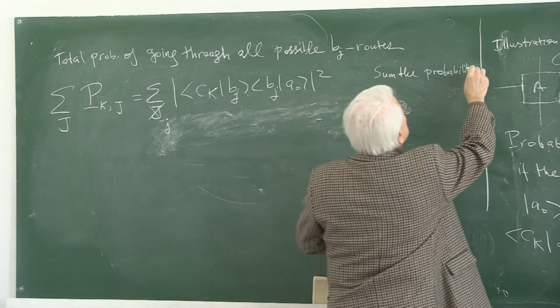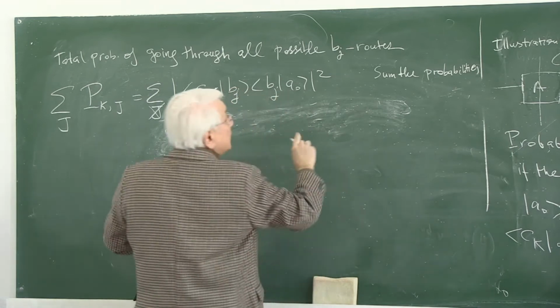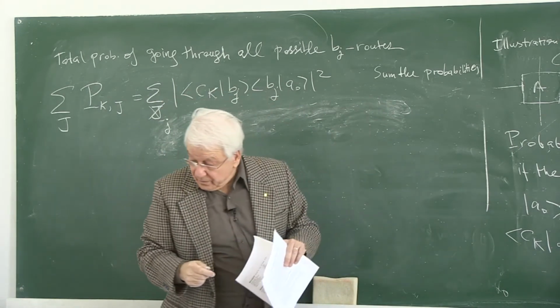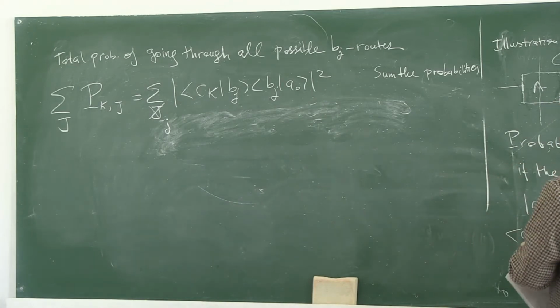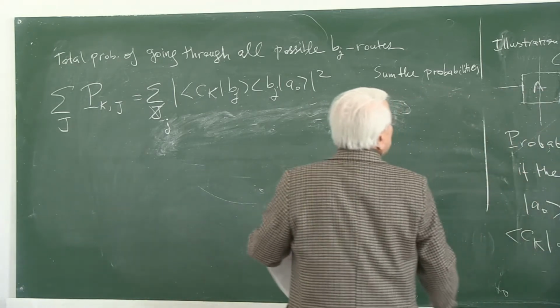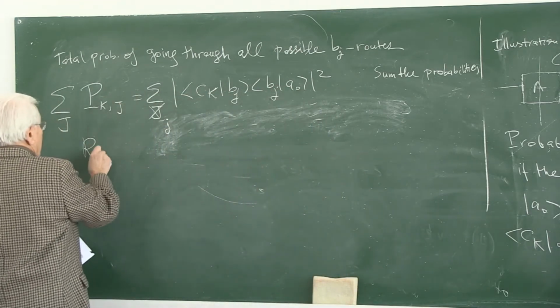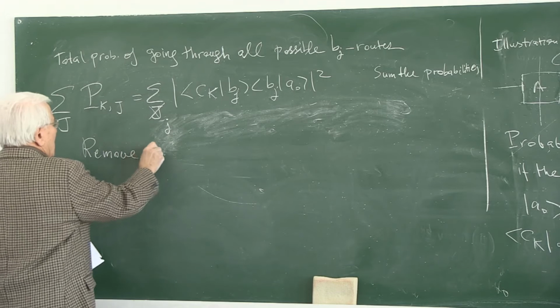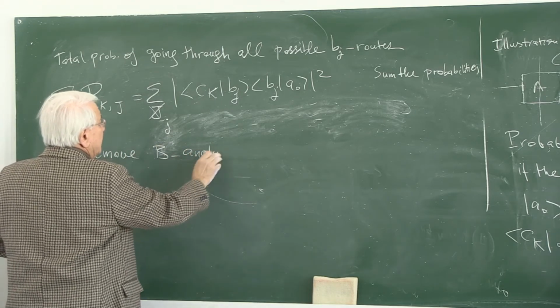The next step is the following. Let's skip over the intermediate. How do I do this? Perhaps I can plot the picture again. Suppose we remove B, the B analyzer or B whatever filter.